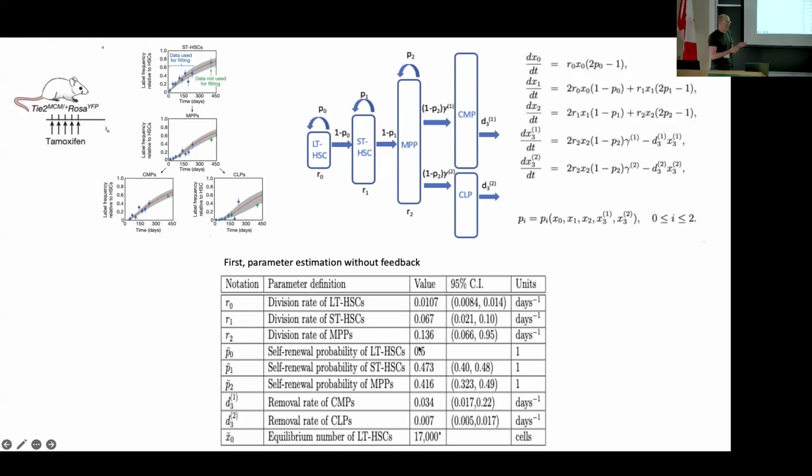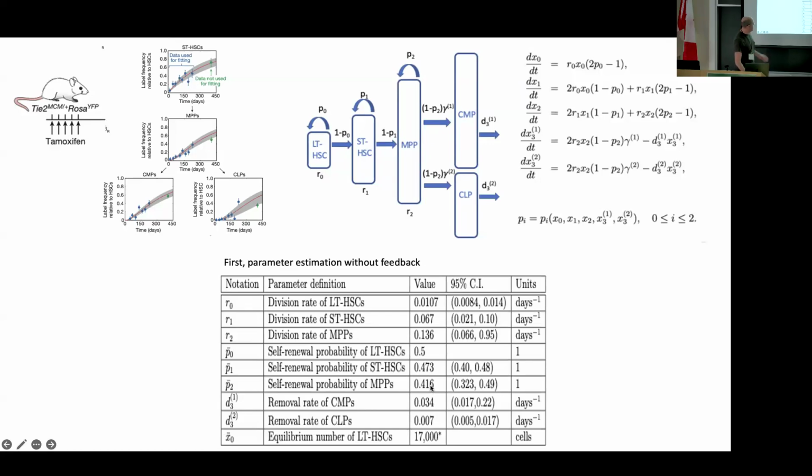If it wasn't 0.5 at equilibrium, at homeostasis, it would either increase or decrease. The self-renewal probability of the downstream compartments, short-term stem cells and MPPs, is less than 0.5, and we're going to come to that as well. The conclusion is that they can't maintain themselves in the absence of the long-term stem cells, because they differentiate more than they self-renew.